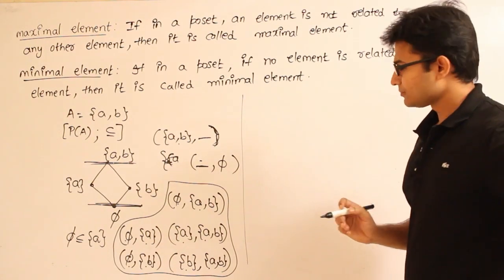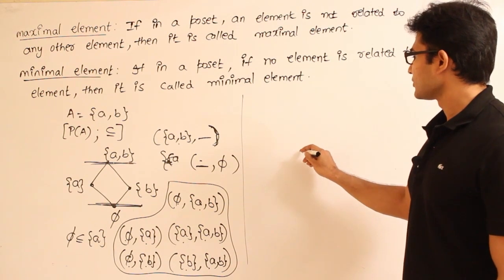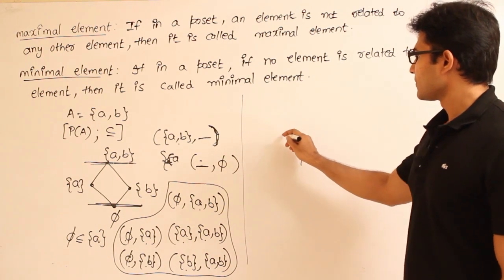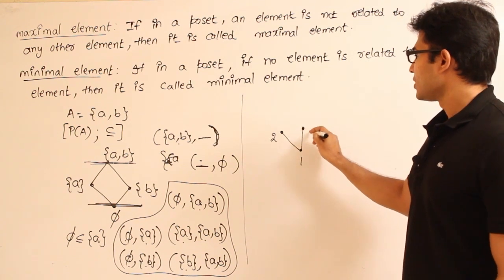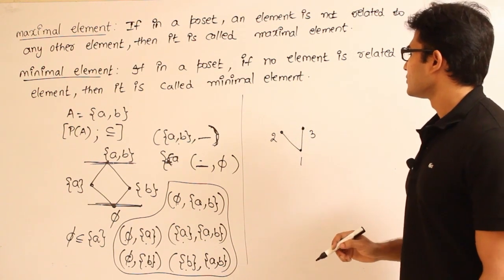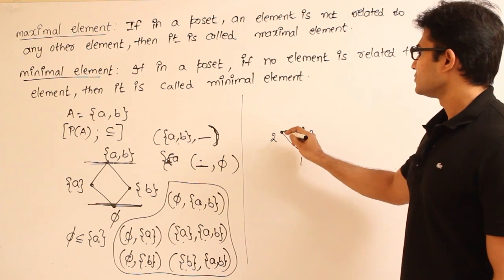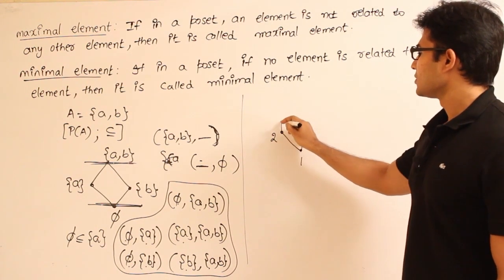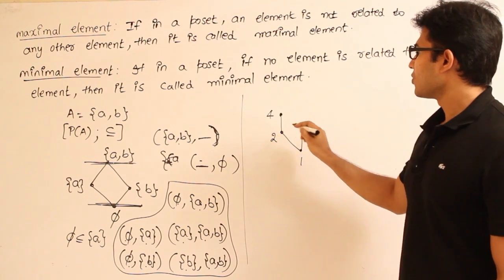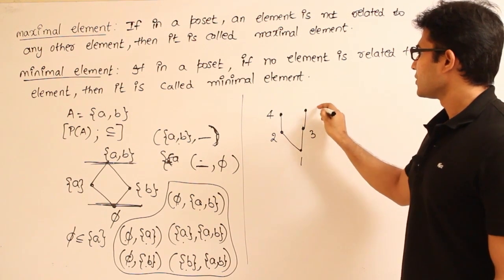Let us say I have 1, 2, 3, let's say 4, 6.